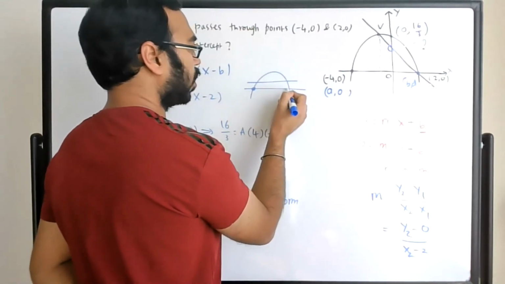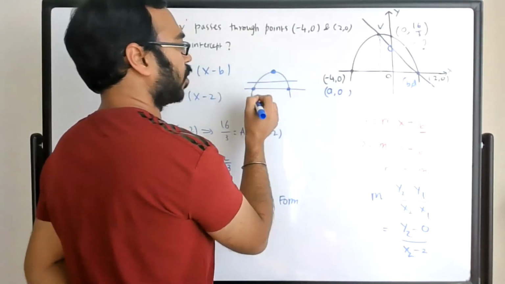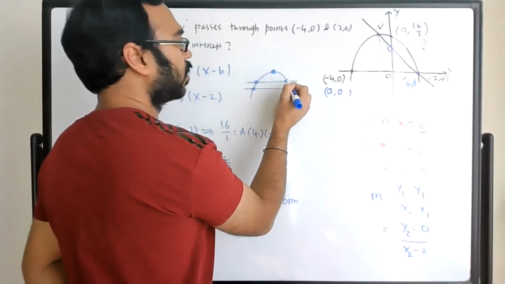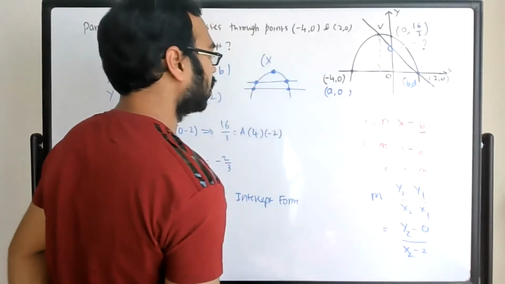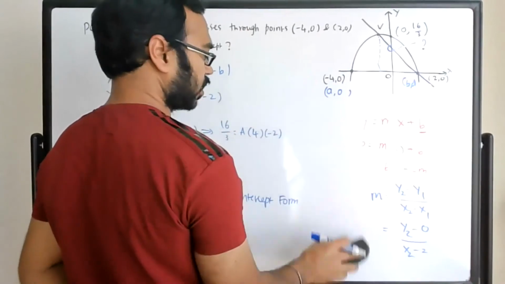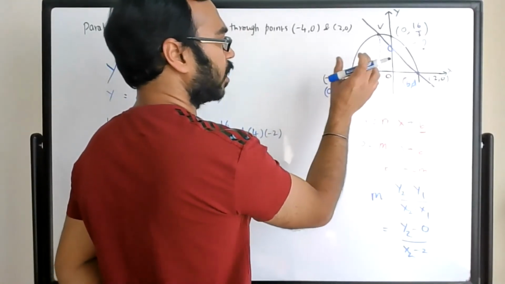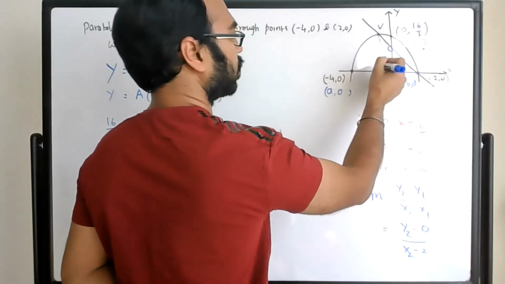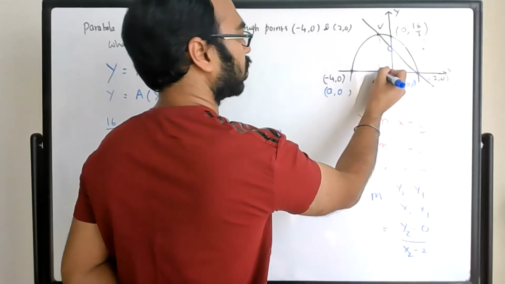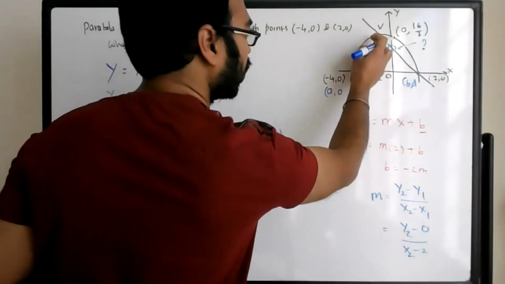If I know this point and this point, the x coordinate of the vertex would be the middle of these two points. So the middle point of -4 and +2 would be -1.